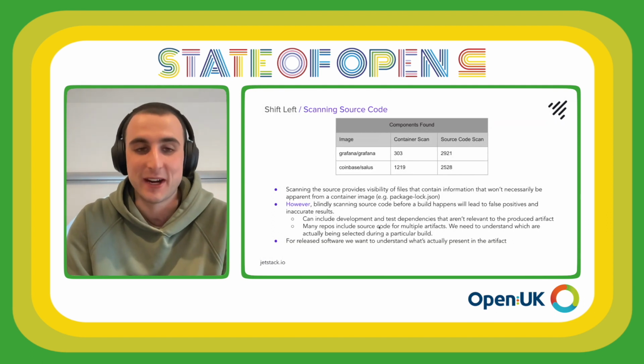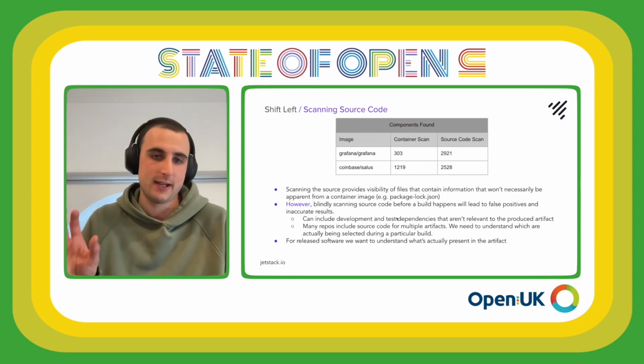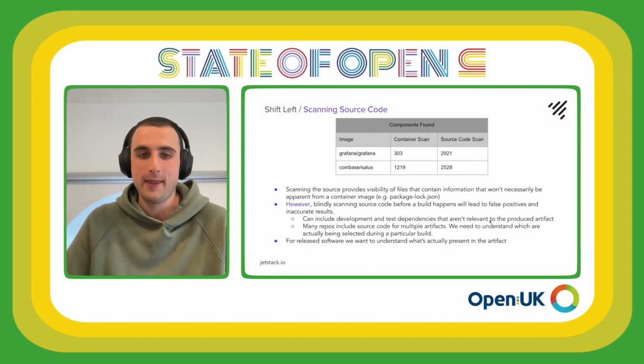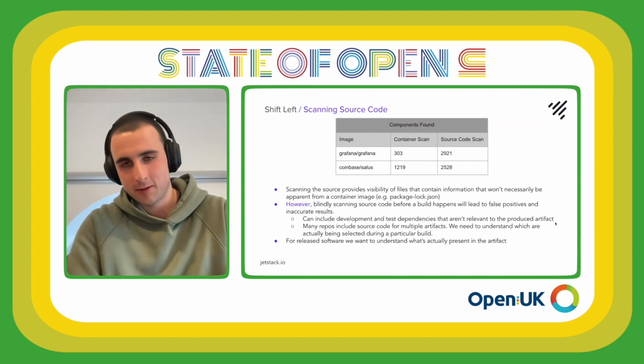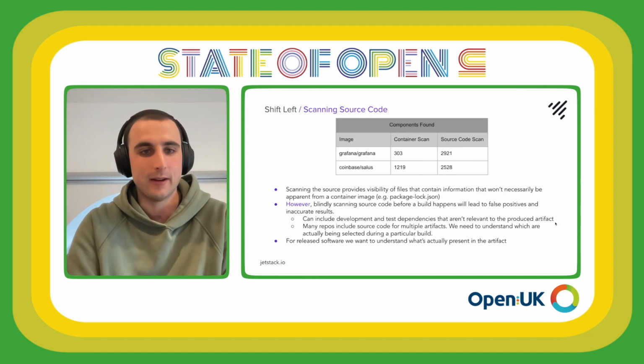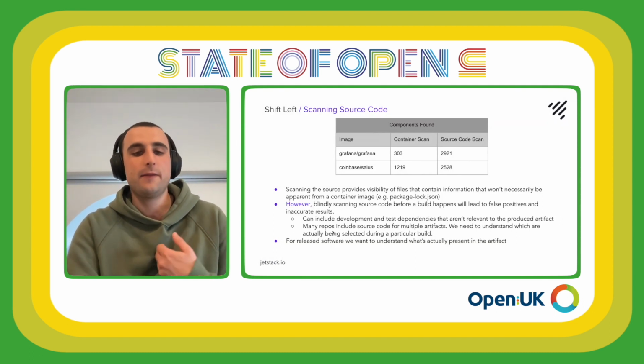However, I'm sorry to bring in more doom and gloom. Blindly scanning source code before a build happens could lead to false positives and inaccurate results. What do I mean by that? Inside of this 2,921 source code components found, which is quite an incredible number, this could also include dependencies of the development itself and tests.